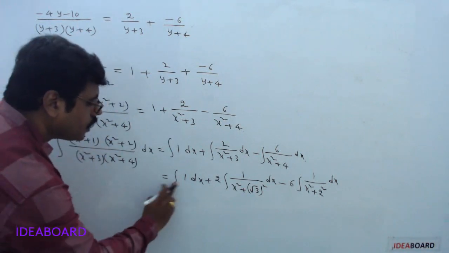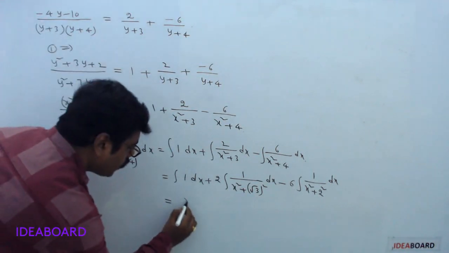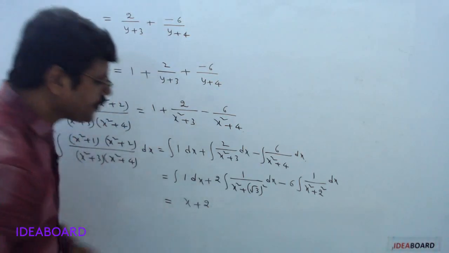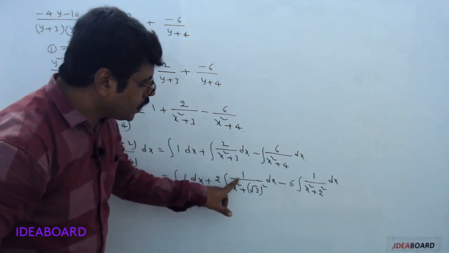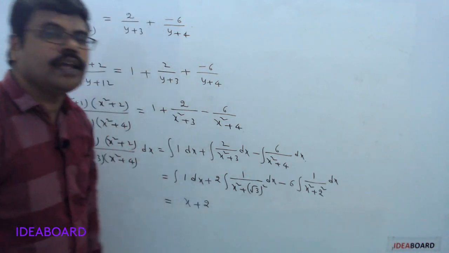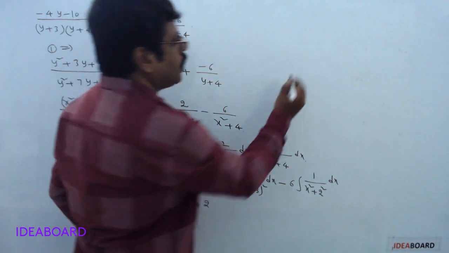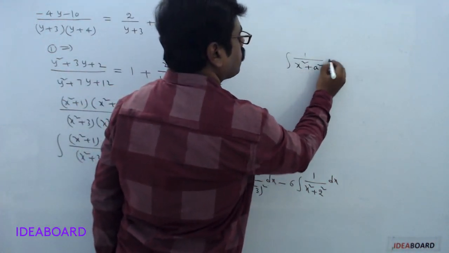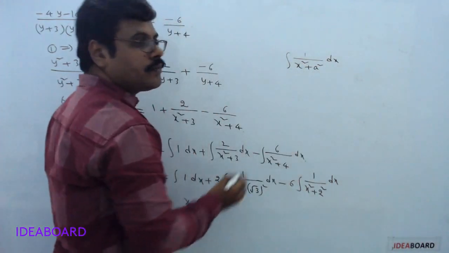Now this is equal to integral 1 dx, which is x, plus 2 into integral 1 divided by x square plus root 3 whole square dx. It is in the form of integral 1 divided by x square plus a square dx.